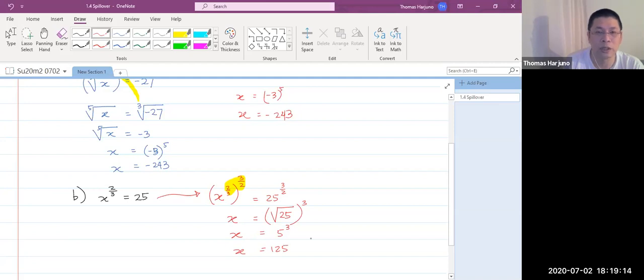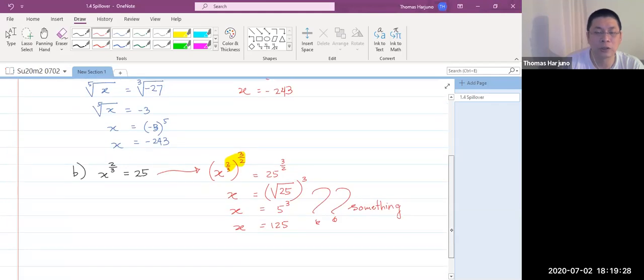Now you will see something not right here later on. So I show you the method that is dangerous in some cases, because if we do it too fast, this is what happens.